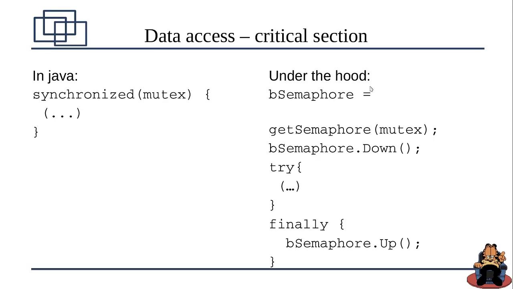First, we can get a semaphore for the mutex value. We try to pull down the semaphore, so we are here on the synchronized. If no other thread already entered the critical section, we can execute our code. And finally, when we are done, we put the semaphore up.